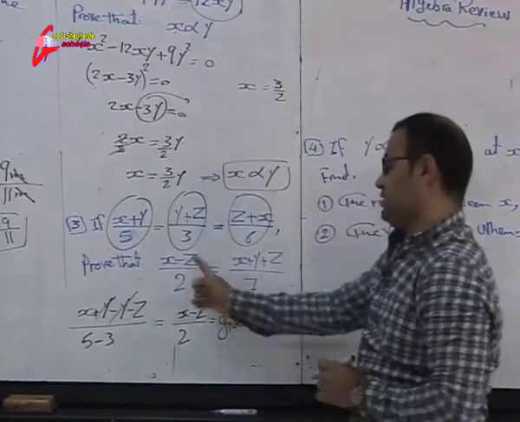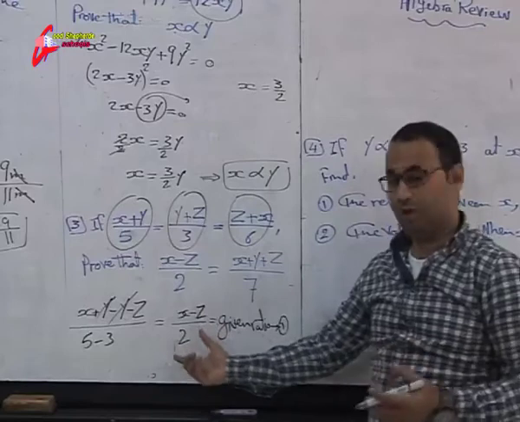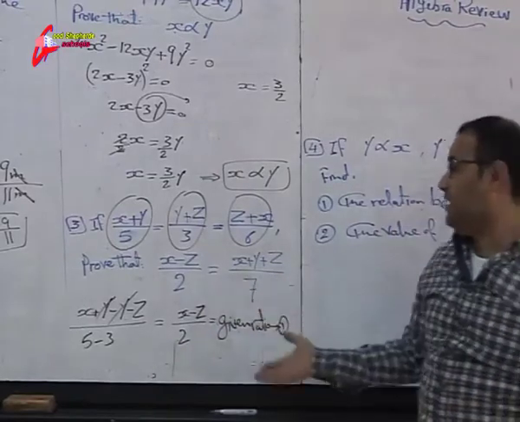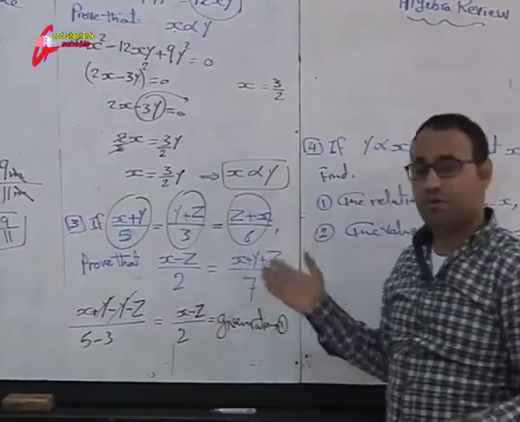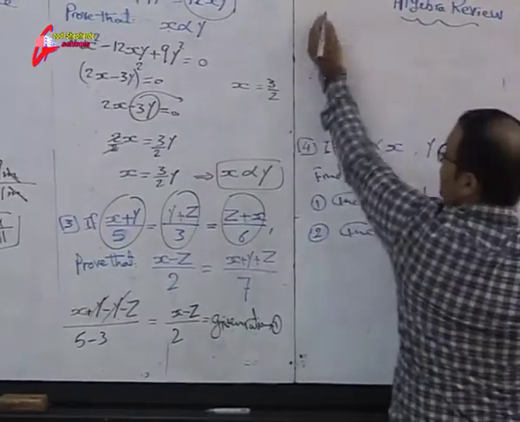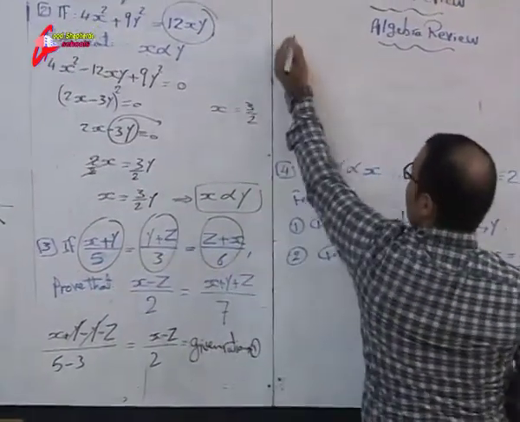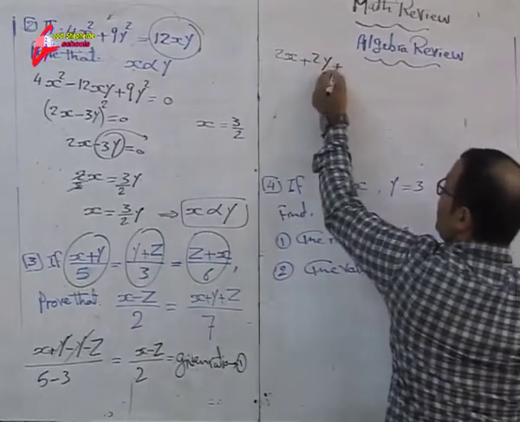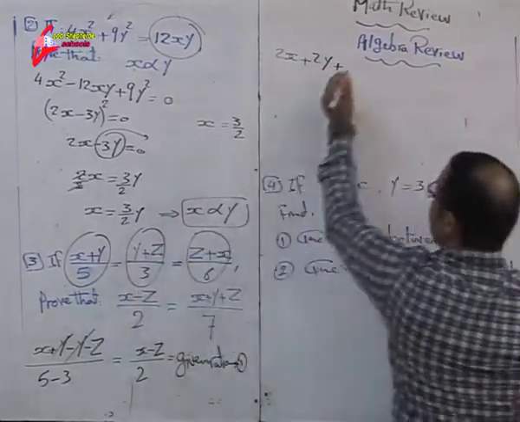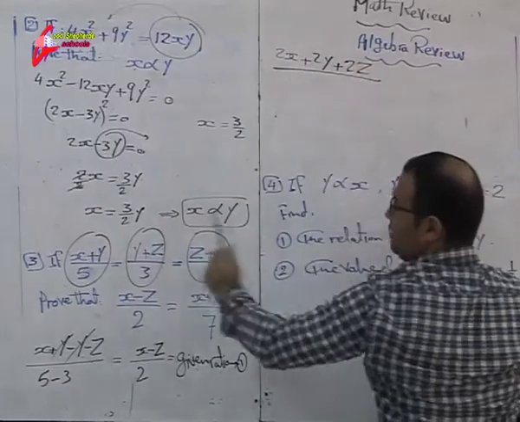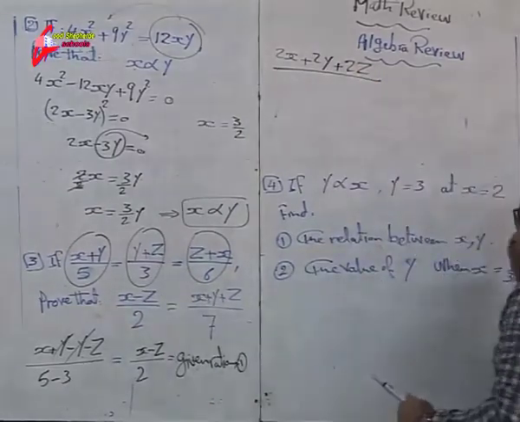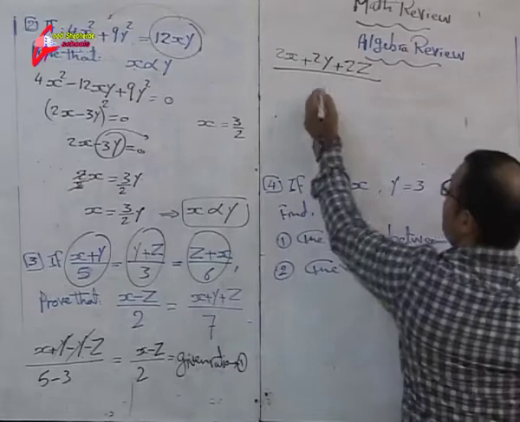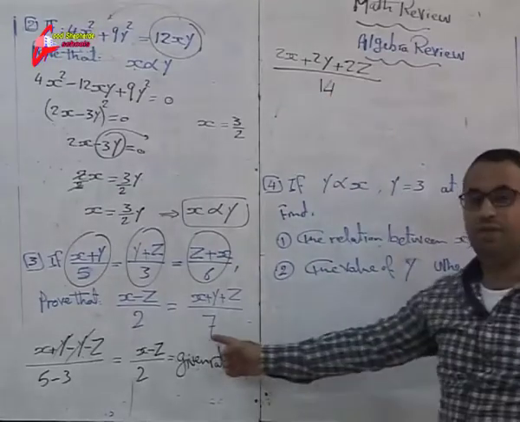What about the first part of this operation? You can add the three ratios together. So the answer will be x plus x, it will be 2x, plus y, 2y, plus z, 2z, over 5 plus 3 plus 6. 5 plus 3 is 8, 8 plus 6 is 14. Take care.